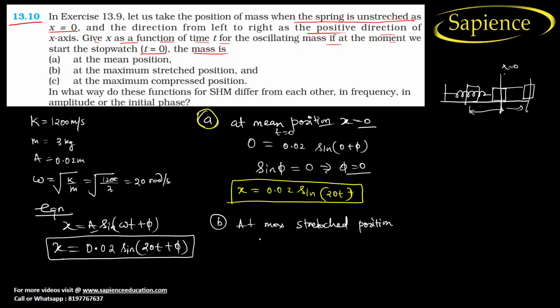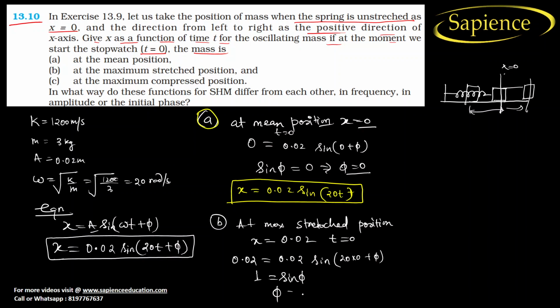The value of x will be 0.02. So x is equal to 0.02 at time t is equal to 0, right? So we have to put each and every value. So 0.02 is equal to 0.02 sine of 20 into t, where t is 0, plus phi. So this will be 1 is equal to sine phi.